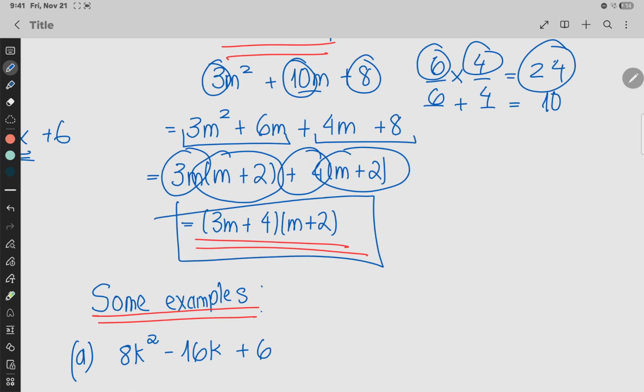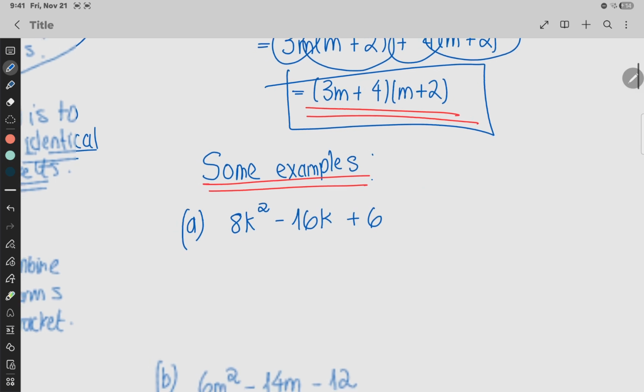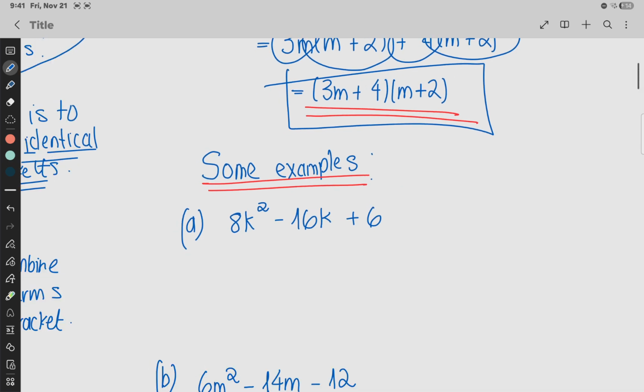Let's look at some more examples. We have 8k squared minus 16k plus 6. What two terms multiply to a times c? A times c is 48, and the two terms must add to the b term, which is negative 16.